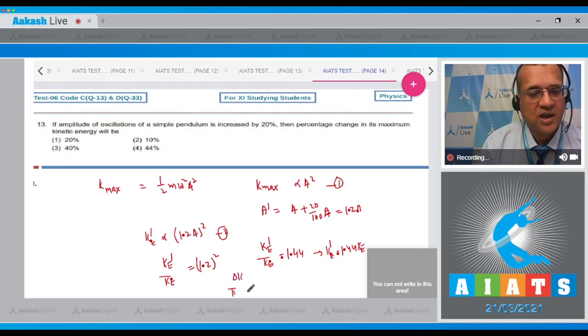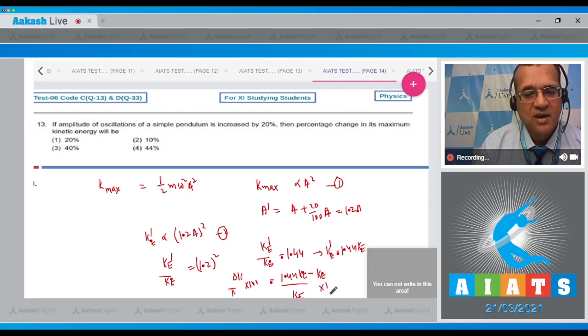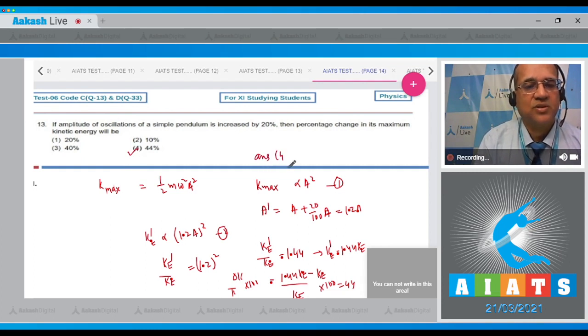Delta K by K into 100 is equal to (1.44K minus K) divided by the initial value K, multiplied by 100, and you get 44. So the percentage change is a 44% increase in the kinetic energy. Therefore, the true option is the fourth one.